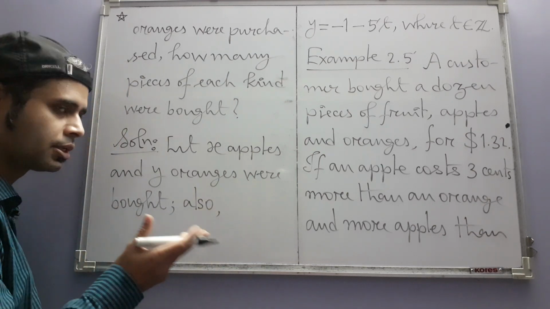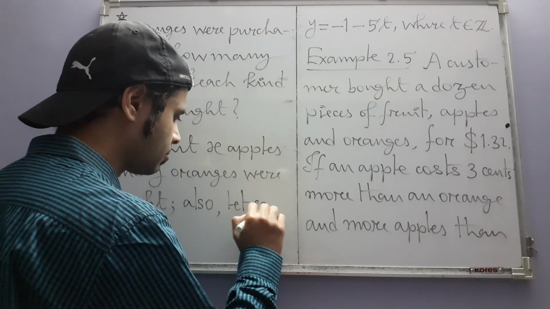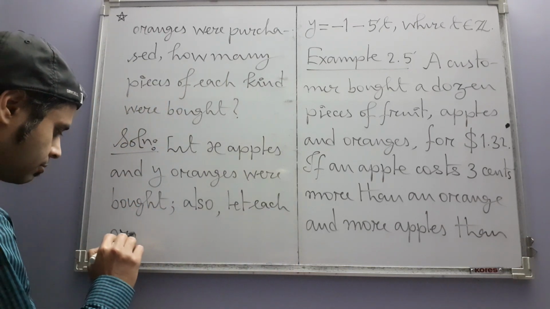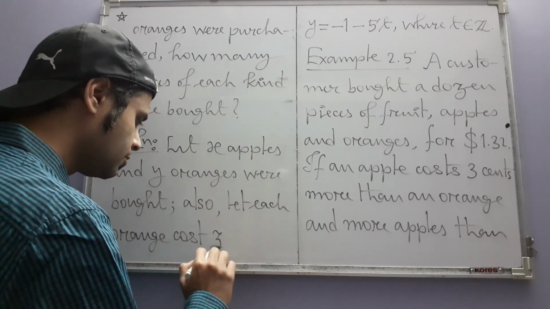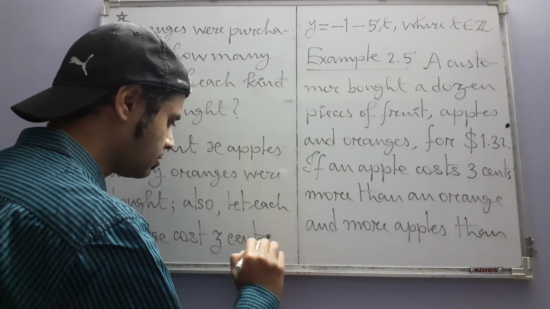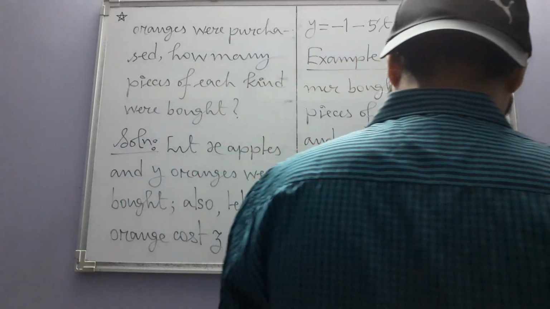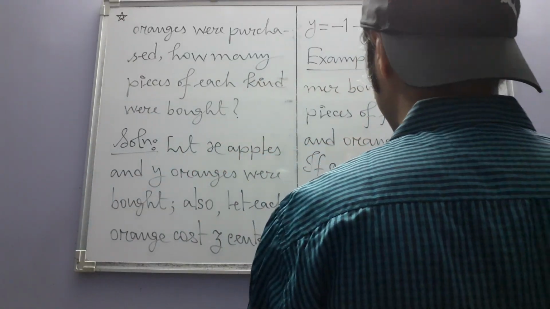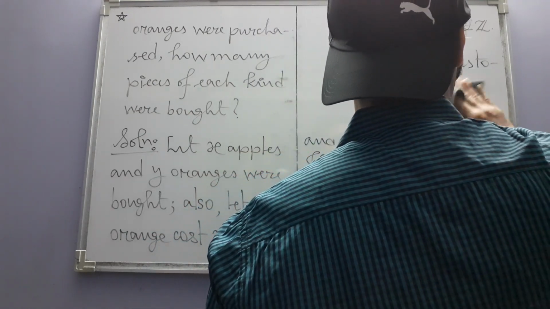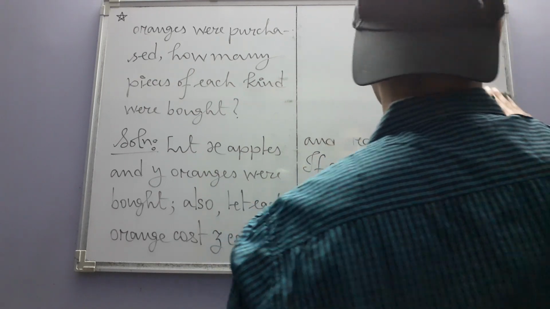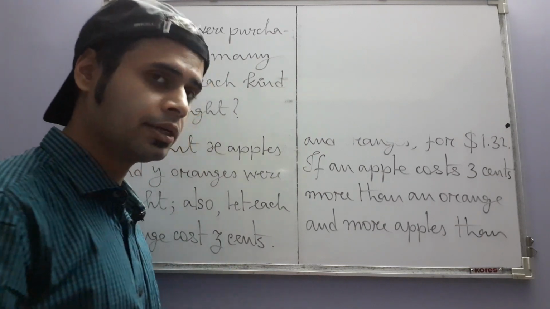Also, because we don't know the cost of each apple or each orange, let each orange cost z cents. Then how can we translate this into an equation? We now actually have not only one equation, but in fact two equations and one inequality.